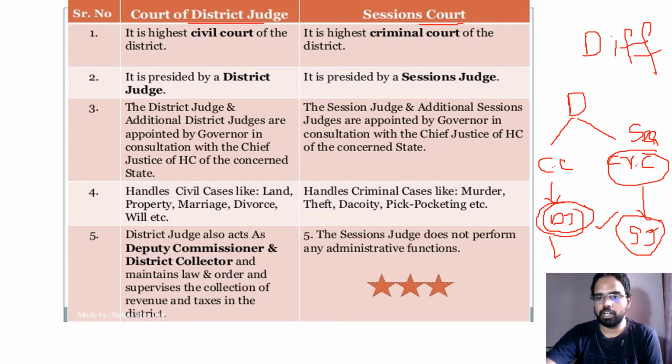The same judge, when he has to hear a criminal case, becomes the sessions judge, and the court at such time is called the criminal court. When the district judge is hearing civil cases, he is called a district judge and the court is called the civil court. When the same judge is hearing a criminal case, he is called a sessions judge and the court is called the criminal court.